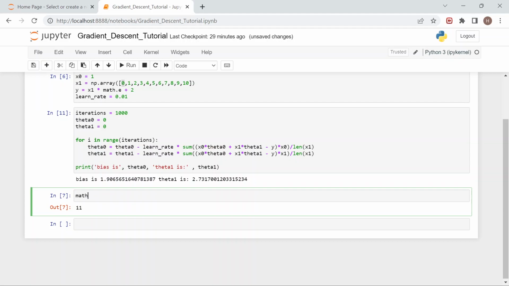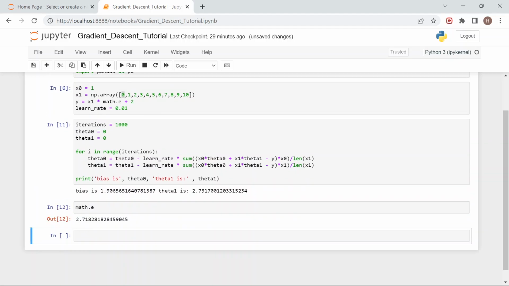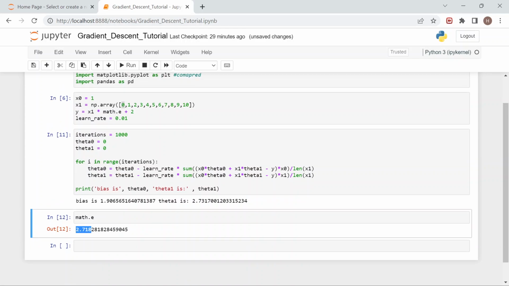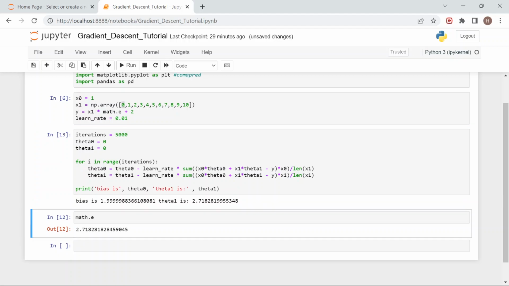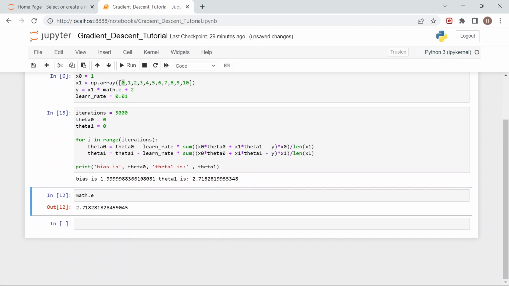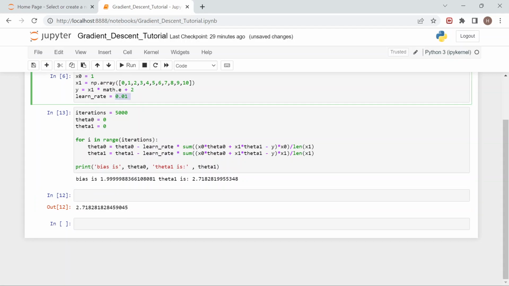If we look at E, our value of theta is 2.718, so it's not that far off, but we can still do better. So let's just say 5,000. Yeah, why not? Let's do 5,000. Yeah, it's 2.718. Now it's much closer. Again, you can play with the learning rate, make it bigger or higher for more accuracy.